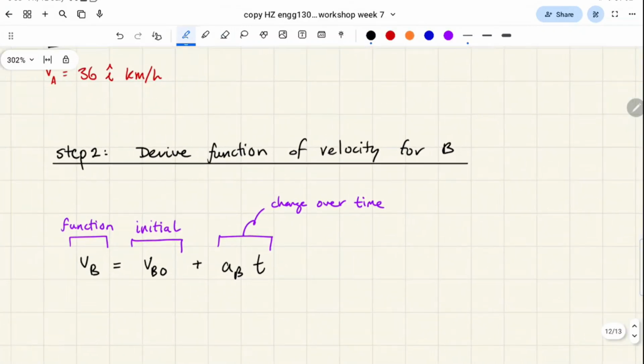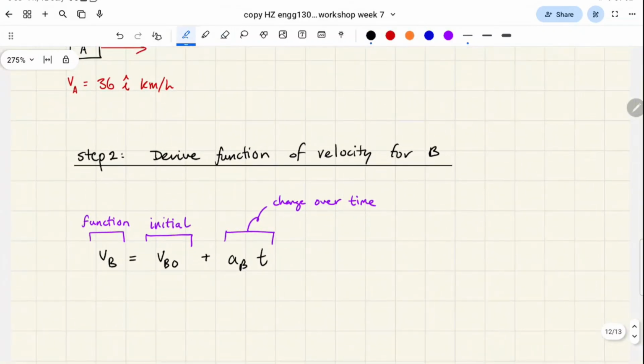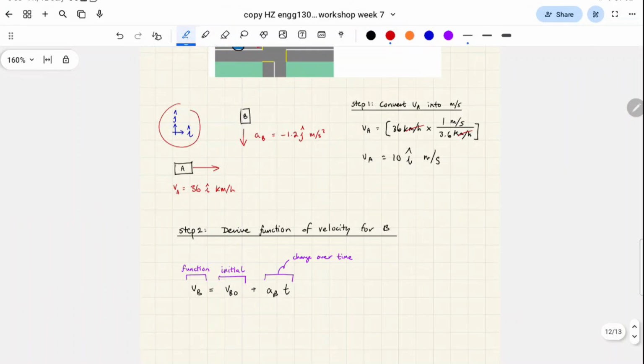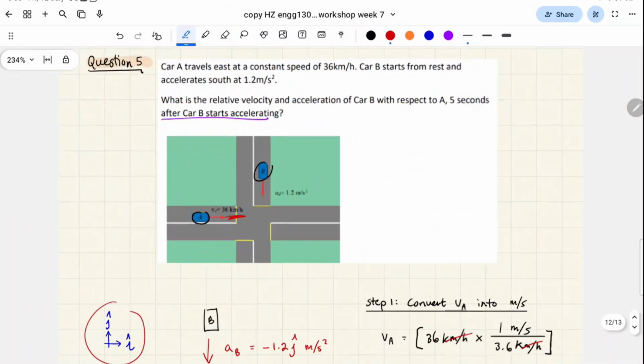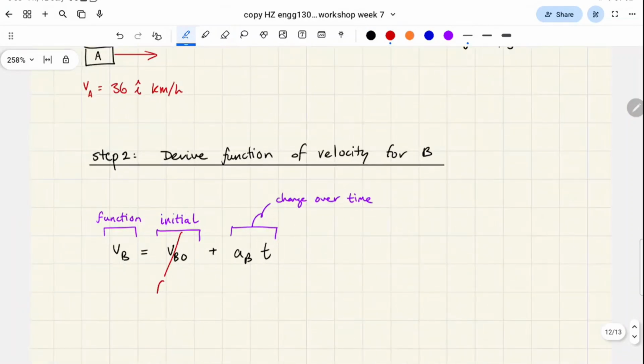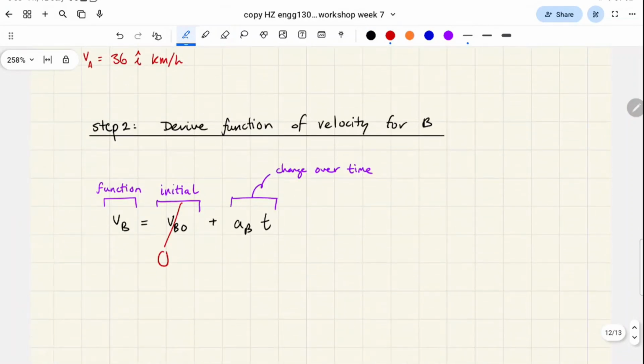Okay, step 2, we're going to still use that idea of function is equal to the initial value and then the change over time. So car B, this one, starts from rest. We're told that car B starts from rest, so this is going to start at 0, and its acceleration is negative 1.2 j.